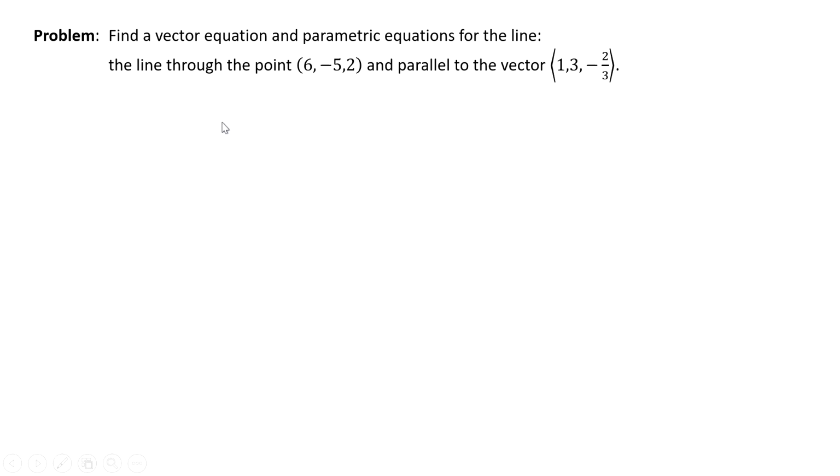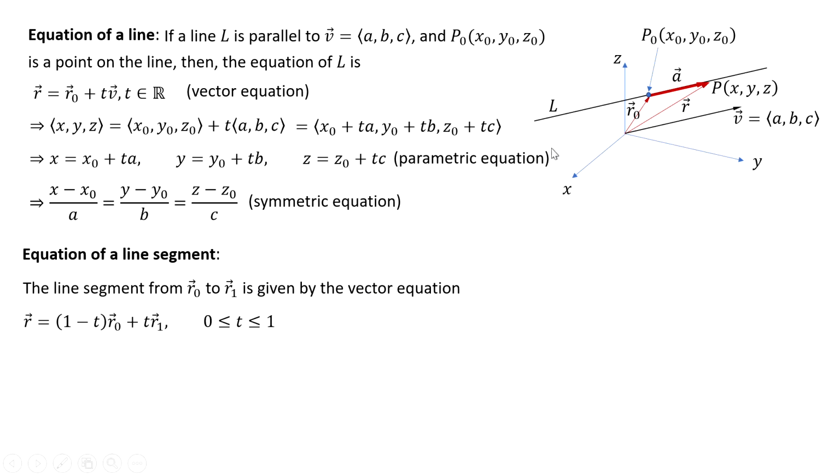Let's see. What information have we been given? Apparently the line passes through a certain point and it is parallel to a given vector. This is a pretty straightforward problem, would you agree? Because if you recall, in order to find the equation of a line in space, you must be given a point on the line and a vector that is parallel to the line itself.